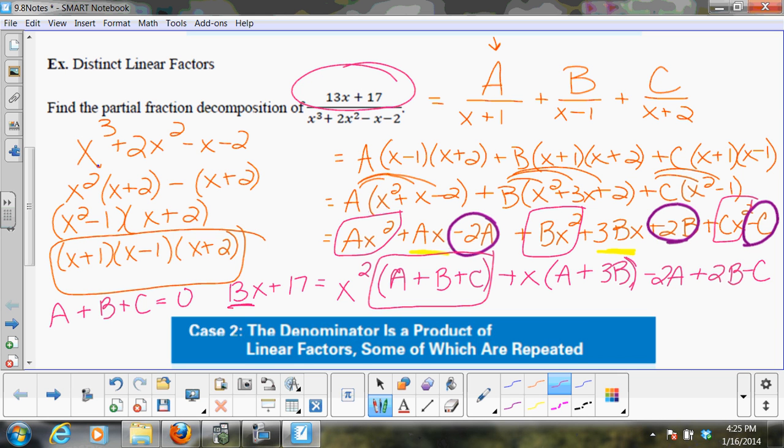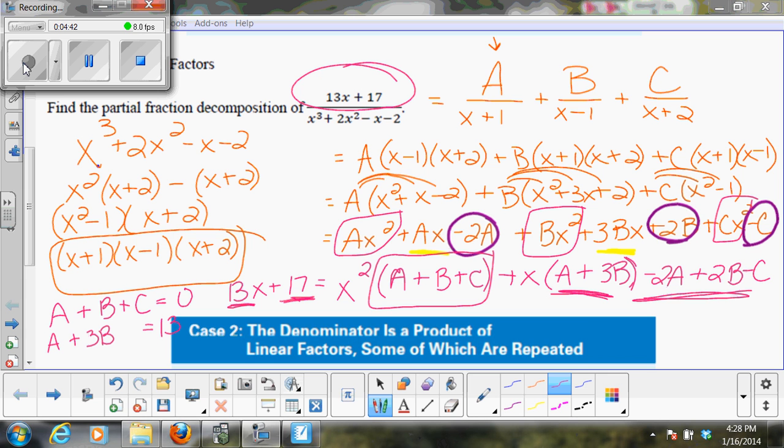There's a 13 in front of our x, so A plus 3B equals 13. And then our back part, our 17, should be what the last part equals.